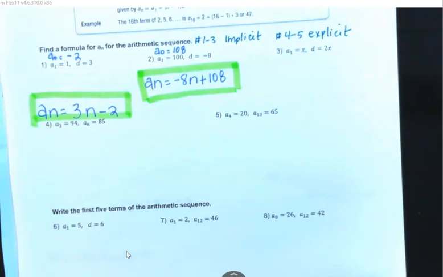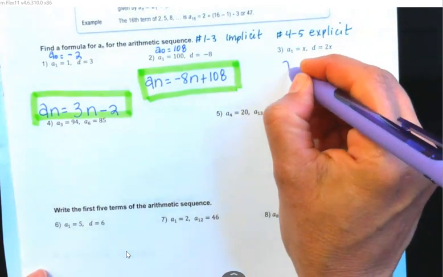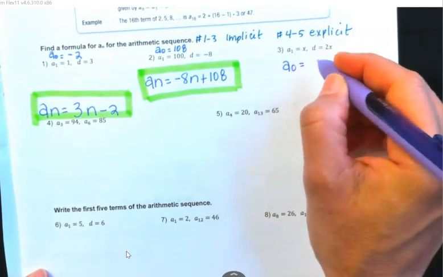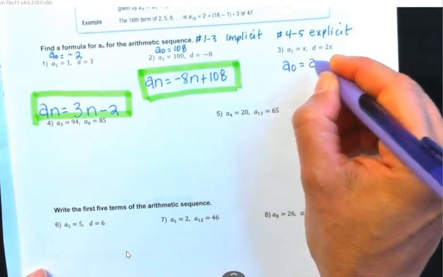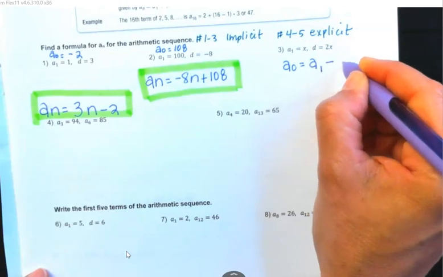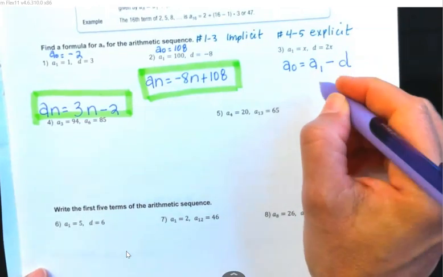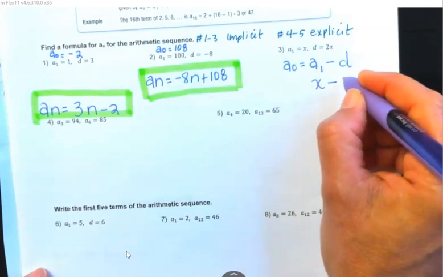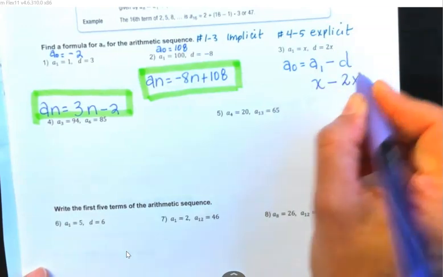All right, look. To find a sub 0, which is going to be the constant, remember, it is a sub 1 and we're working backwards. So it's a sub 1 minus the difference. A sub 1 is x. The difference is 2x.